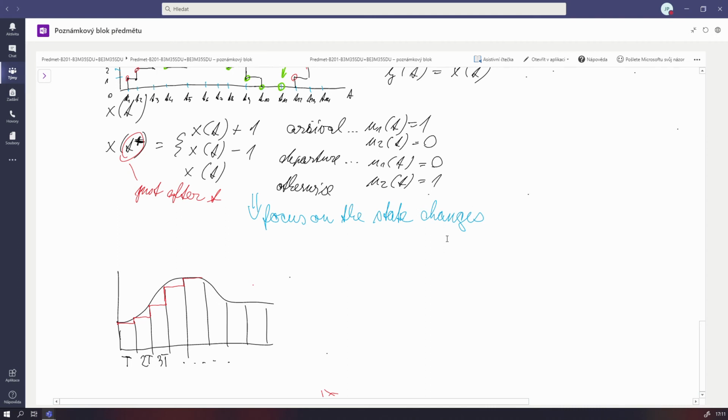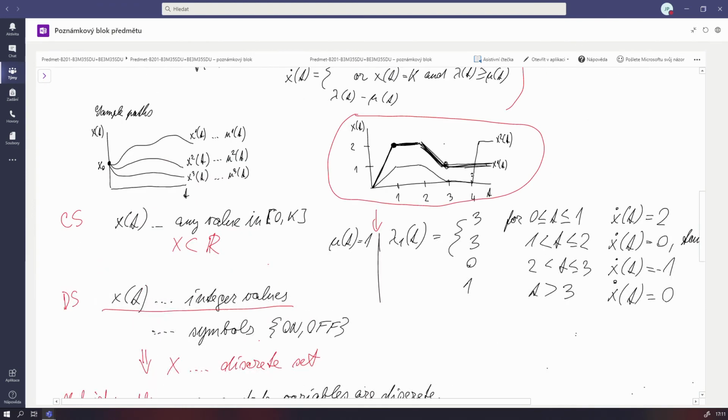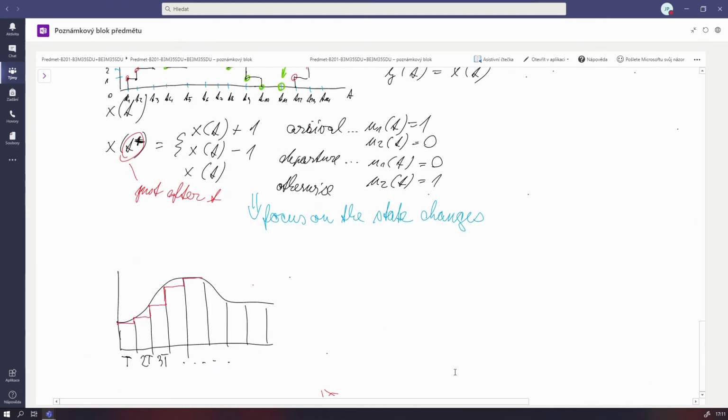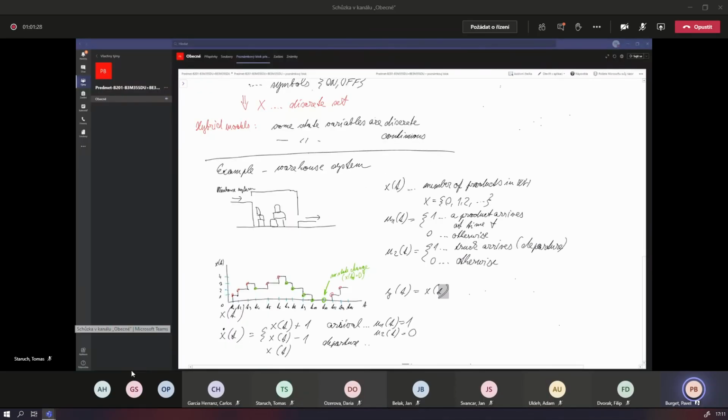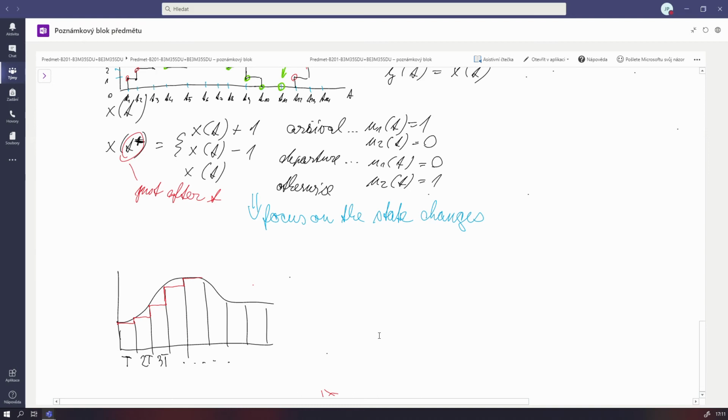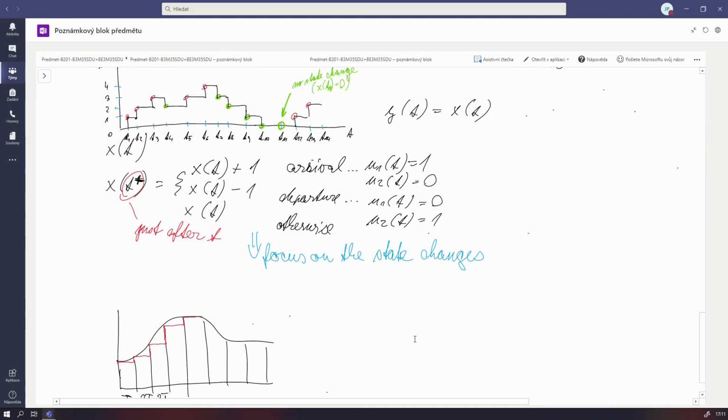Other examples of events may be operator presses a button, computer goes down, and so on.